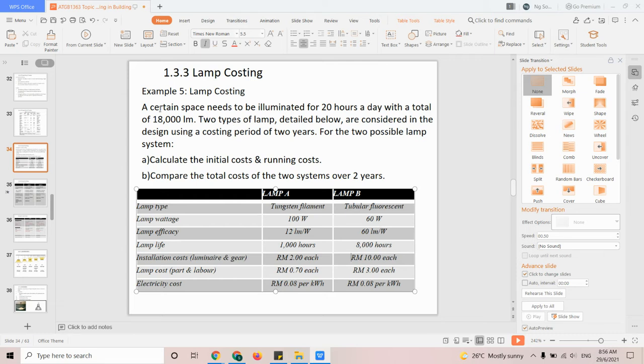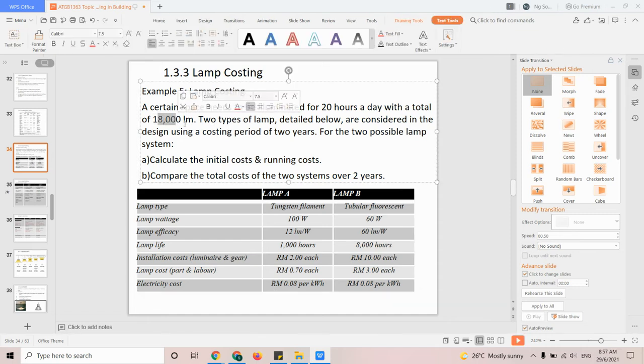So you're given a scenario where you need to illuminate a space for 20 hours a day with illuminance requirements of 18,000 lumen. This needs to be done for a total period of 2 years, and we need to consider the costing.